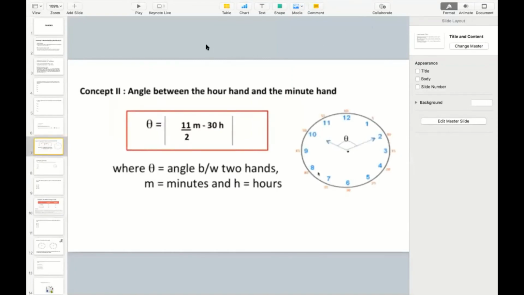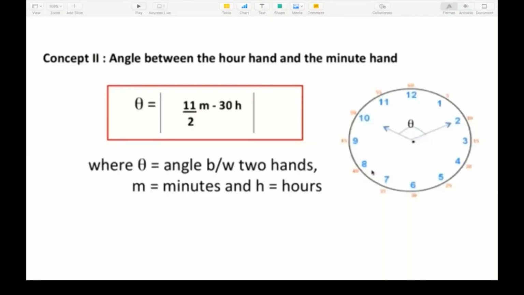So guys, this is the simple formula to find the angle between the hour hand and the minute hand. Whenever they give you a time, it will be in the form of h:m, where h represents the hour value and m represents the minute value.